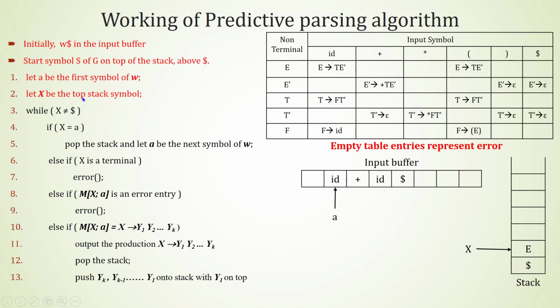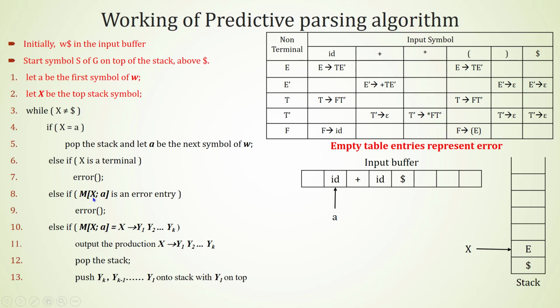Let X be the top stack symbol. So X is a pointer which points to the top of the stack. You just look at this while condition: while X not equal to dollar. X is E, that is not equal to dollar. So this while loop will be executed. If X equals a: X is E, a is id, E equal to id is false. So this statement will not be executed. Else if X is a terminal: X is not a terminal because it is E, that is a capital letter.